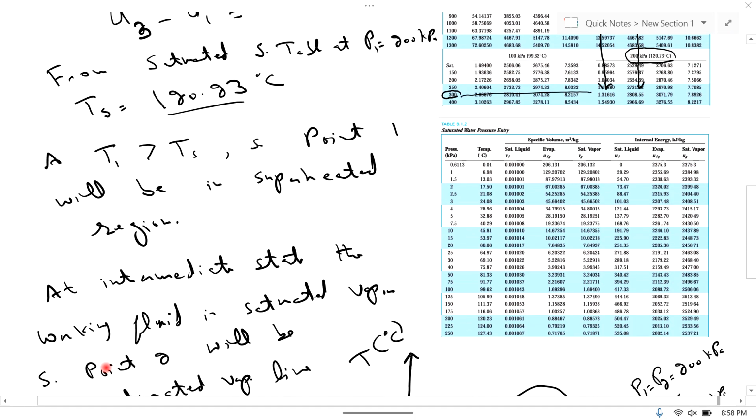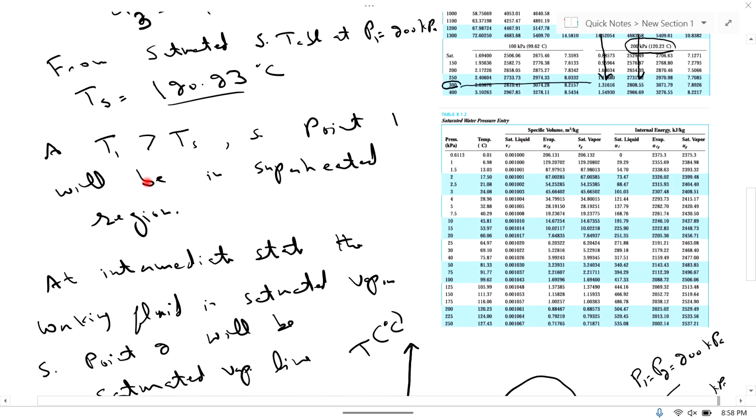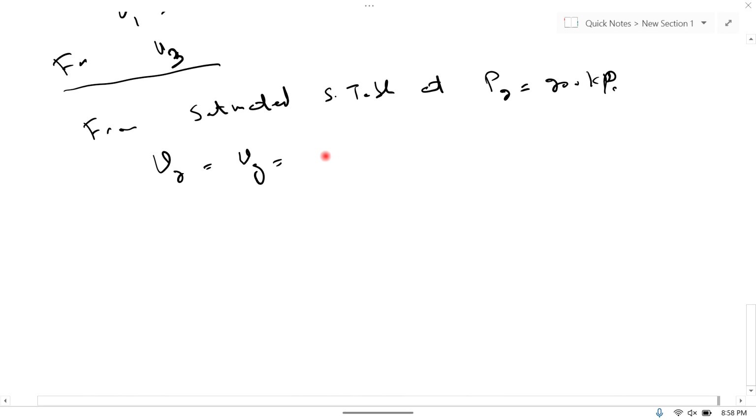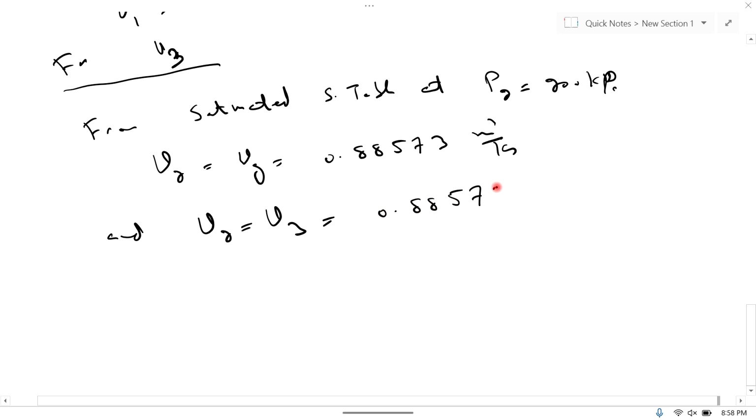So at 200 kilopascal, this is the saturated steam table, V2 is equal to Vg, 0.88573 meter cube per kg, and we know that V2 is equal to V3 from the given, which is 0.88573 meter cube per kg.